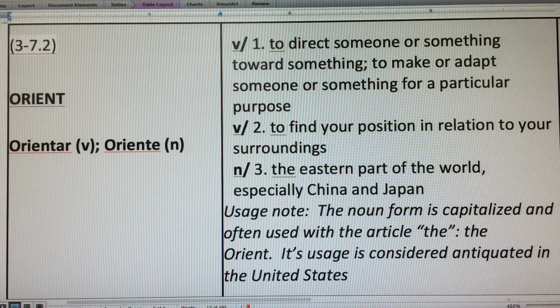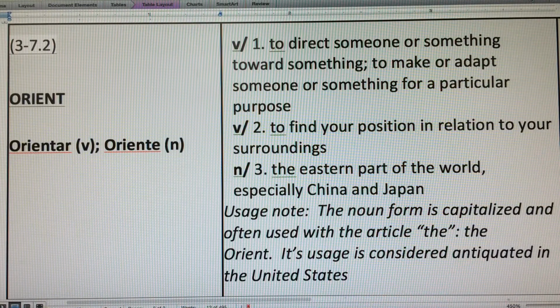Okay, the noun definition, we actually use the term the orient. It's an old term that's used to refer to the eastern part of the world, especially China and Japan. So this was mostly used by Europeans and people in the United States, but like 100, 200, 300 years ago.